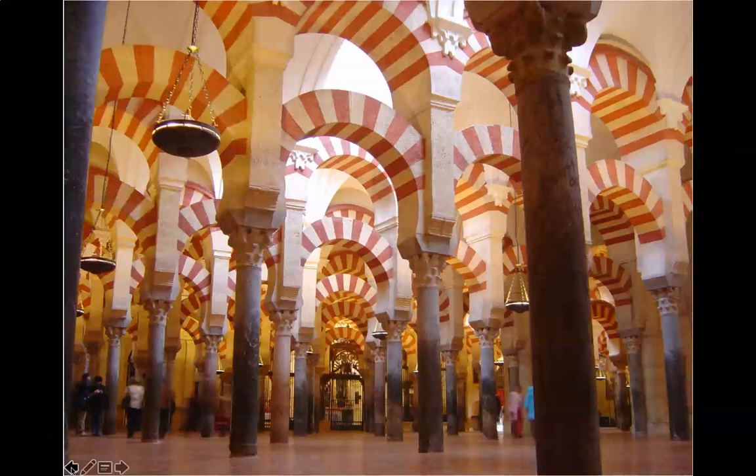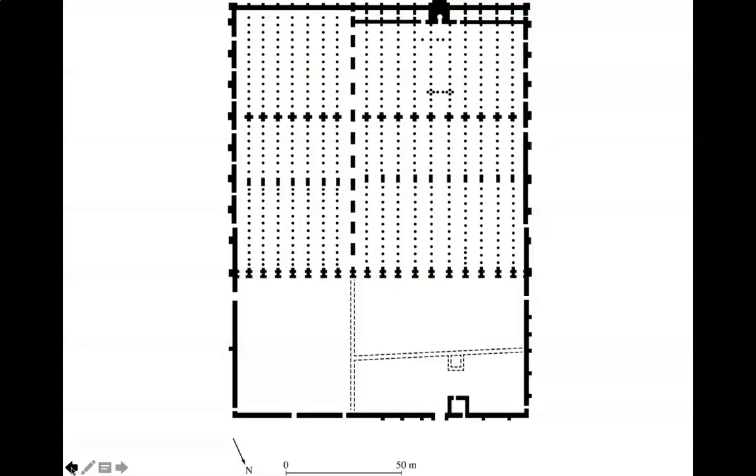That's what I've been told. And then look at all of these columns inside this thing. We're used to a lot of mosques being domes, so a big area in which everybody is praying. But this is a little bit different with the incredible amount of columns.